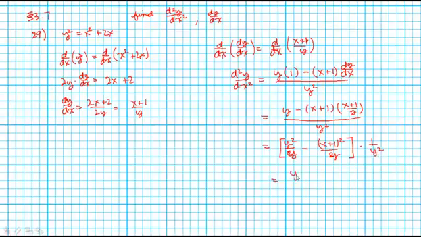So I end up with (y squared minus (x plus 1) quantity squared) all over y cubed. Check the answer. And that's what they've got too.